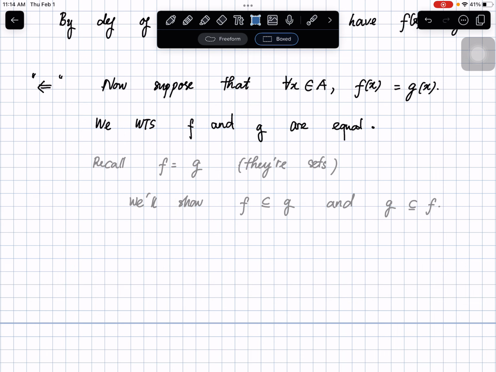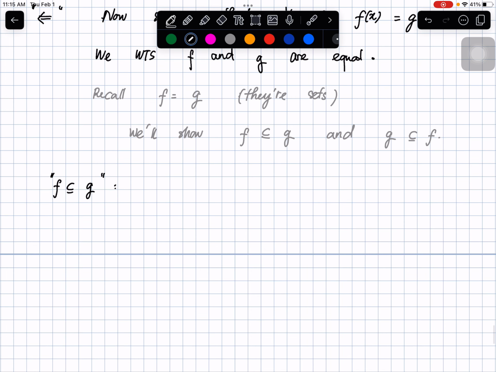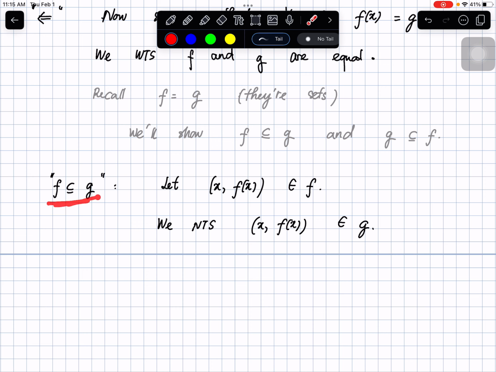Okay, so let's show the first part, f is a subset of g. How do we do that? Let (x, f of x) be an element of f. We need to show (x, f of x) is an element of g. This is the subset part.